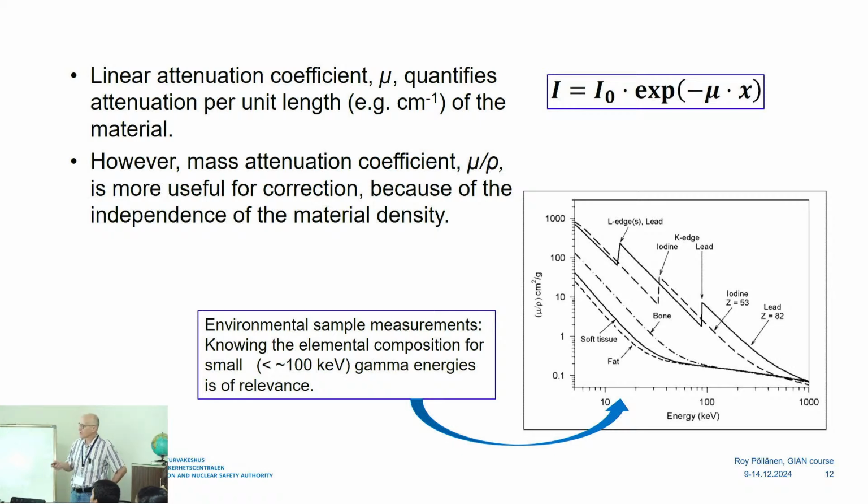So the energies are so low that they are not visible here. So as I have explained several times, knowing the elemental composition is important, especially for quite low gamma energies.